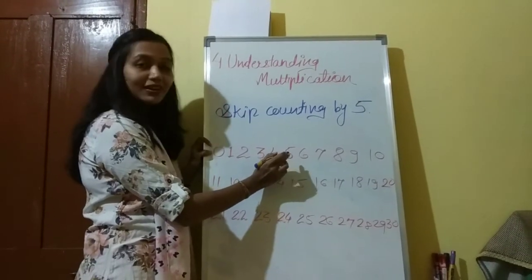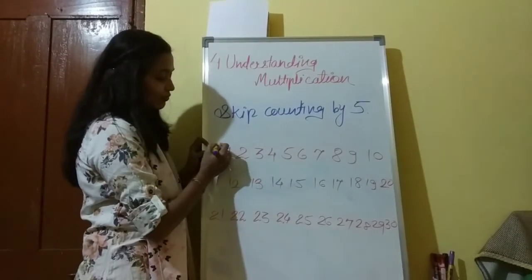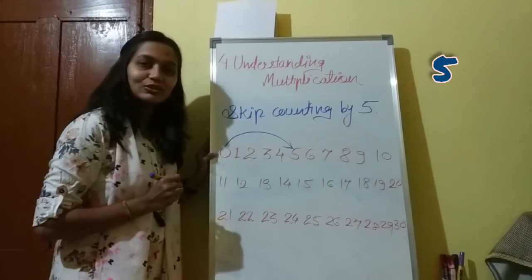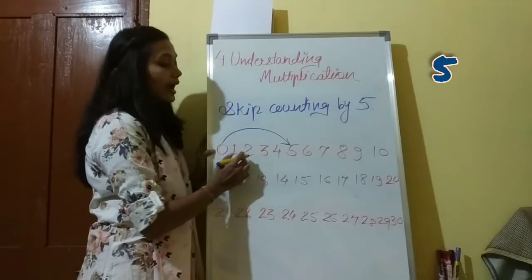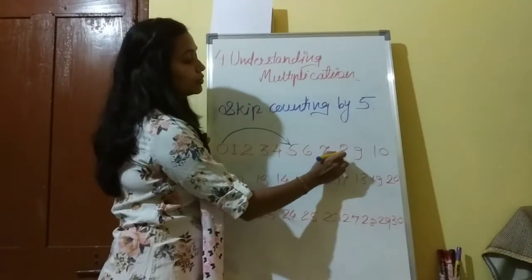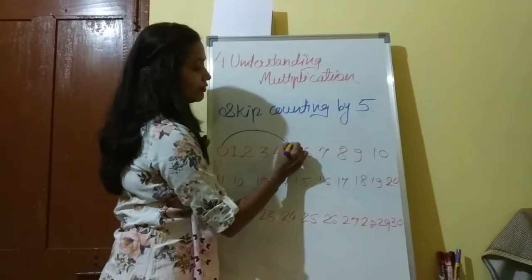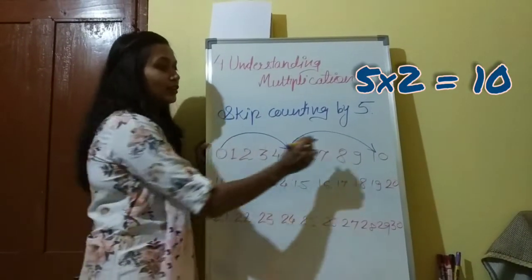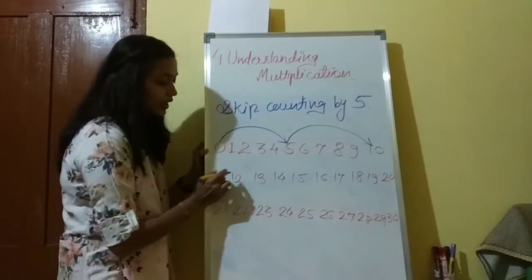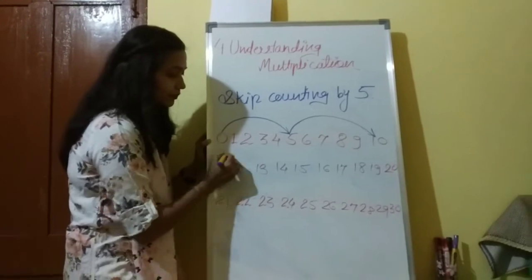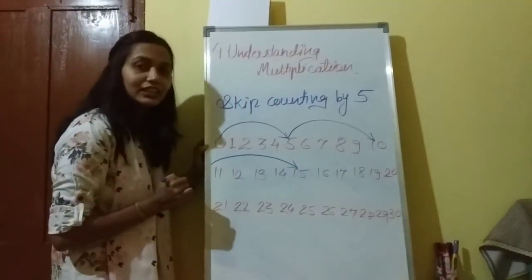Which is the 5th number? 5. So from 0 to 5. We will skip 4 numbers and jump on the 5th number. Then again, 1, 2, 3, 4, 5. 5 to 10. From 10 again count. 1, 2, 3, 4, 5. 10 to 15.